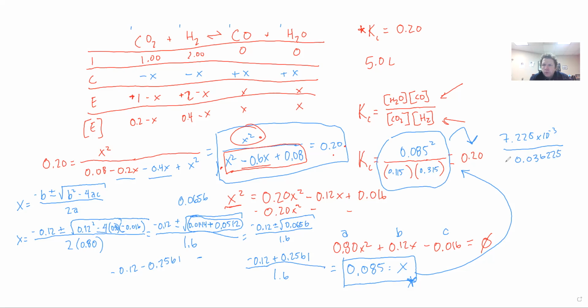Now I will take that 7.225 times 10 to the negative third divided by 0.036225. Plug that in, and I get a value of 0.1994785. And you know what? That rounds up to 0.2. So I'm pretty happy with that. I trust those numbers, and I'm confident with the work that I did there.